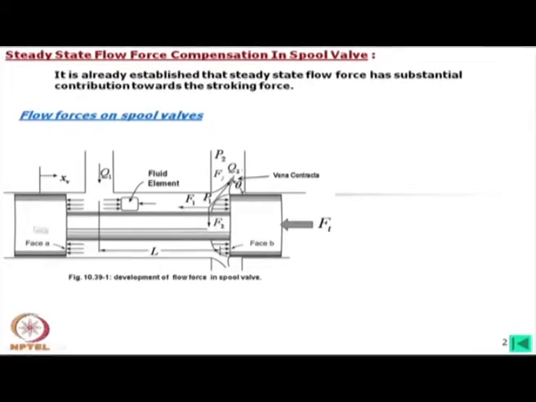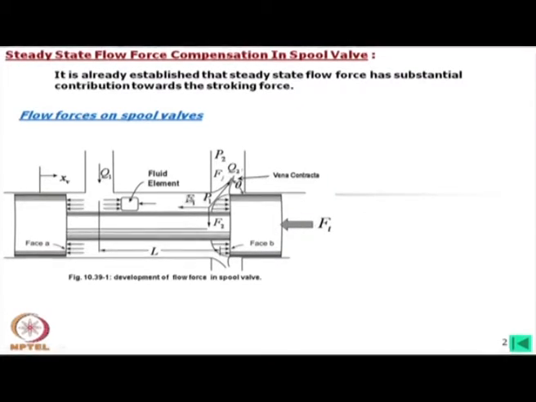Apart from the other forces, when this spool is accelerating, we have to consider its mass, and if there is a pressure imbalance anywhere, we have to consider that force also. So, total force is calculated in that way, but this force may be 30%, 50% of the total force.